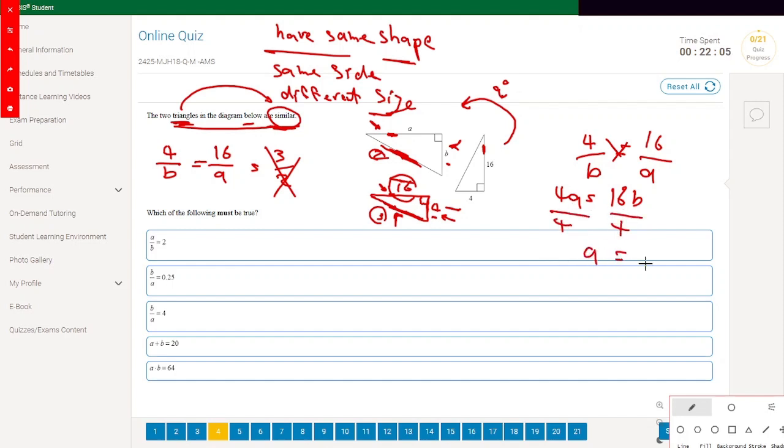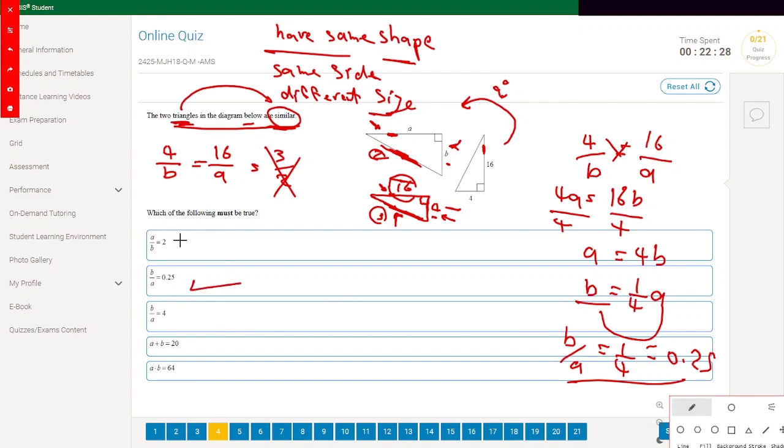That means a will be equal to 4b, which means that b will be equal to 1 over 4 a, and a I can put on the other side, so b divided by a will be equal to 1 over 4, equal to 0.25. So let's see the answer here. This is right, and the others are not the right answer.